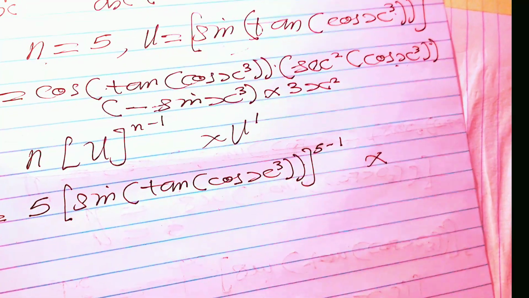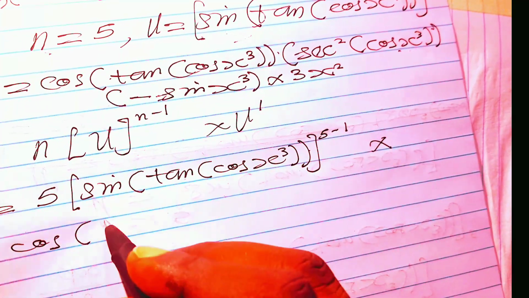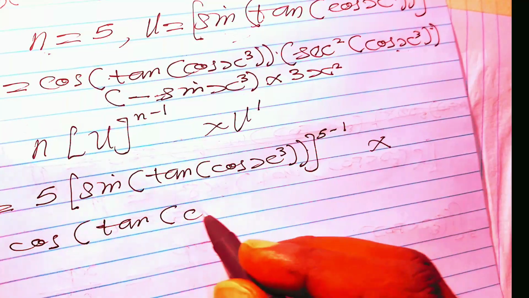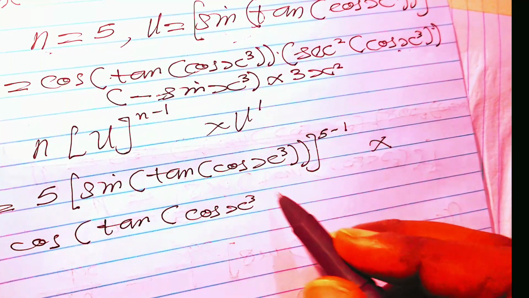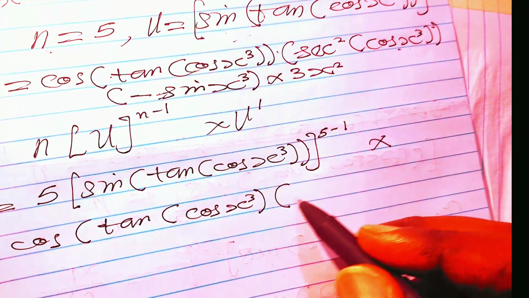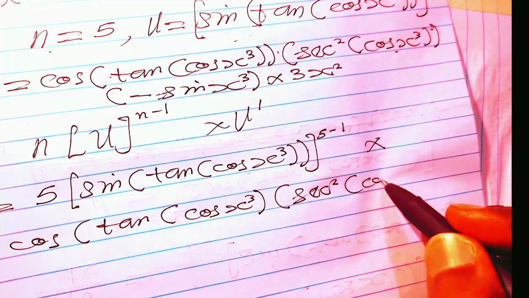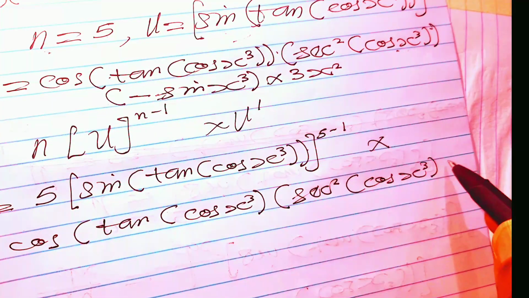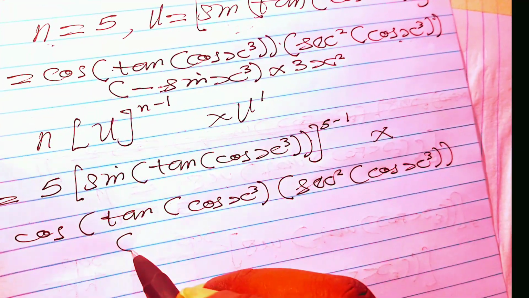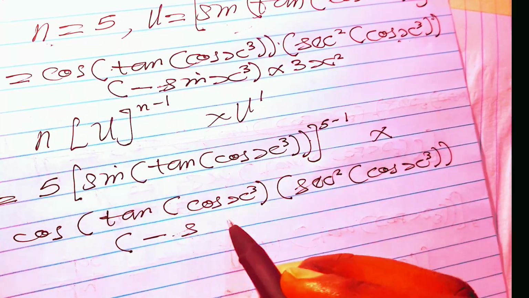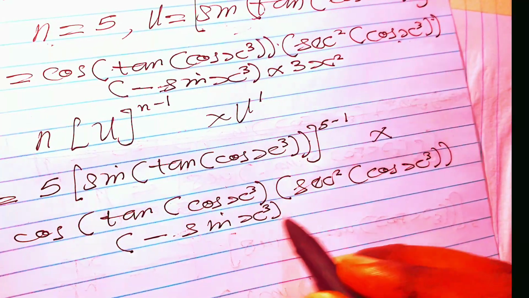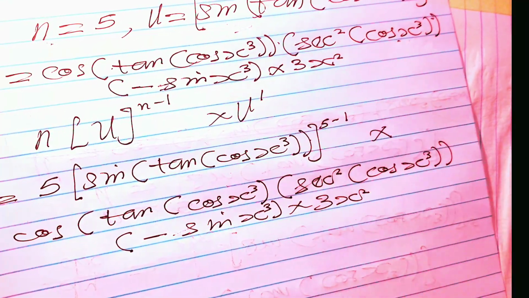And then u prime is cos in the bracket tan in the bracket cos x cubed, and then bracket sec squared cos x cubed, and then multiplied by negative sine x cubed times 3x squared.